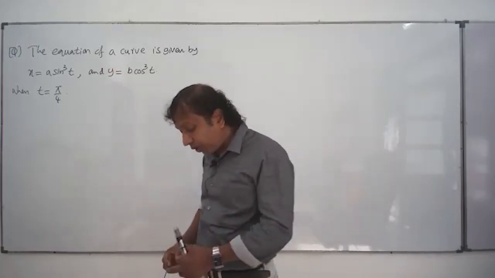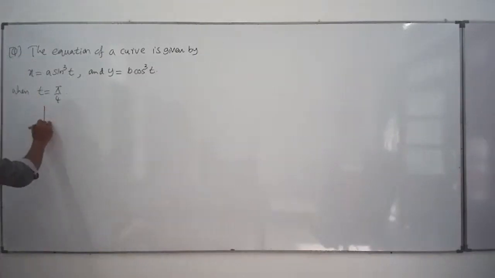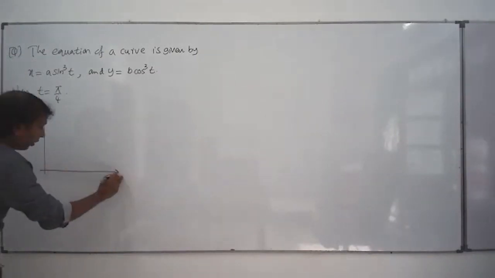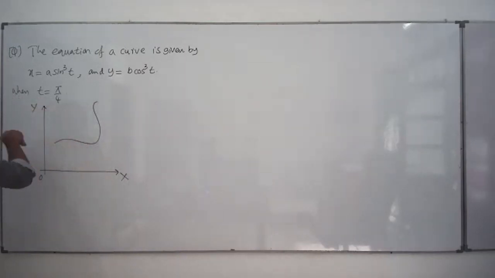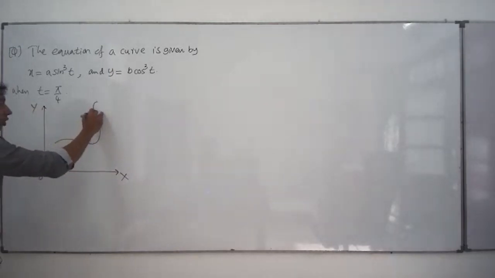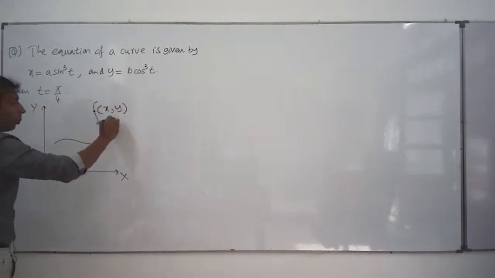Right, now suppose, people, after drawing this graph on the OXY Cartesian coordinate plane, suppose we get a graph like this. On this graph, if we consider any point, that point has two coordinates x and y, no?